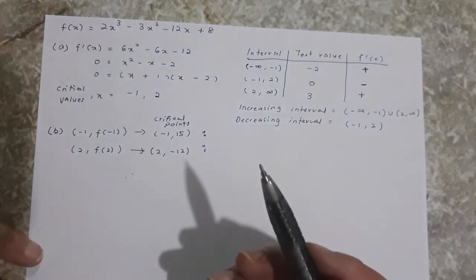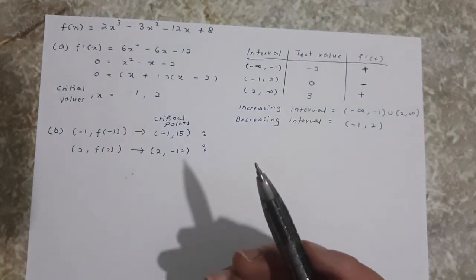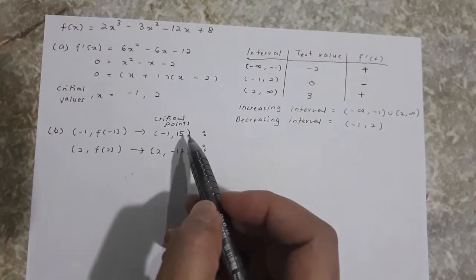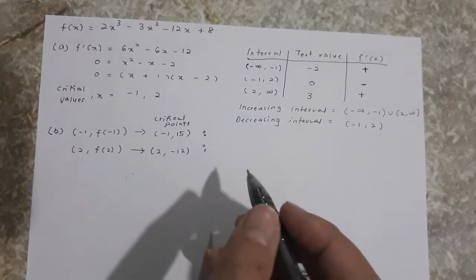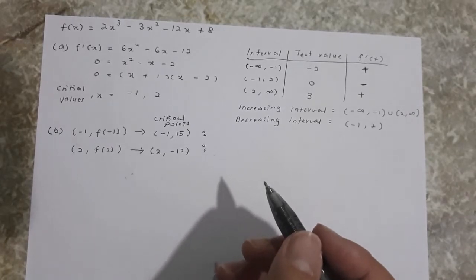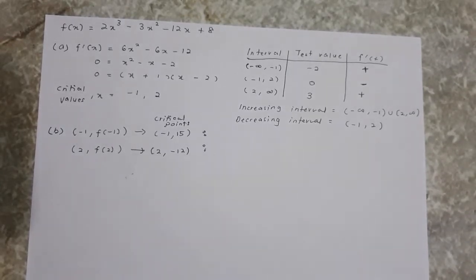These two are the critical points because we haven't determined which one is the maximum and which one is the minimum. But the question asks us to find the extremum. So now we must classify each critical point.